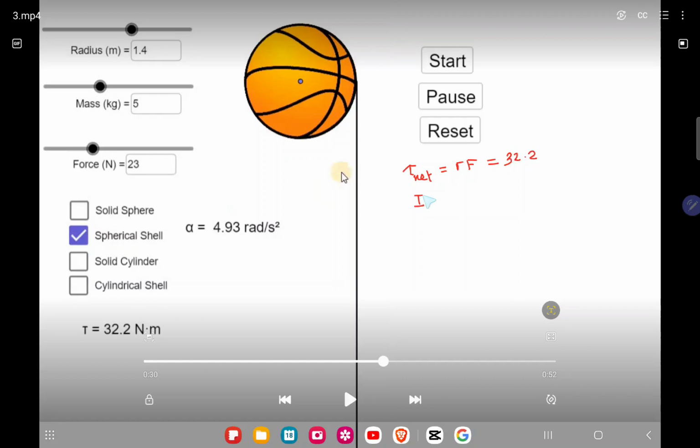Now remember, I for the spherical shell is equal to 2 over 3 mr square. By substituting m equal to 5 and r equal to 1.4, we find that the moment of inertia for the spherical shell is equal to 6.53. Now alpha is equal to the net torque divided by I, and in total it's equal to 4.93 rad per second square. It's written here.